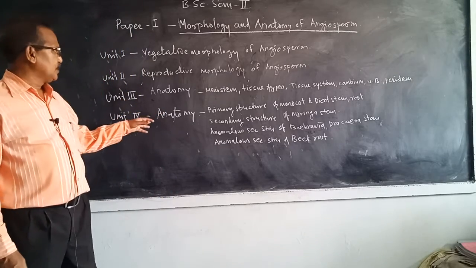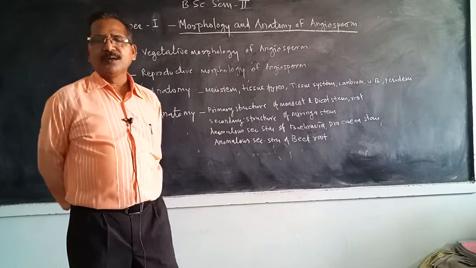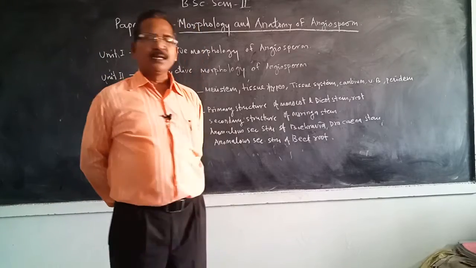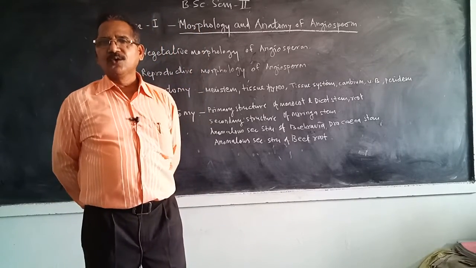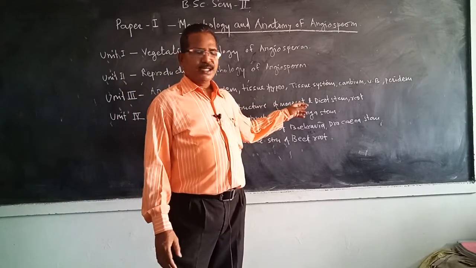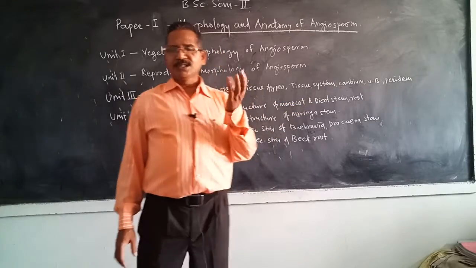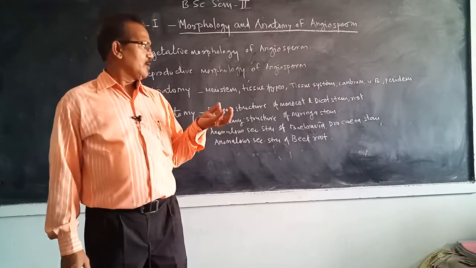While in the fourth unit, you have to study the primary structure of monocot and dicot stem as well as root. In monocot, maize stem and maize root. In dicot, sunflower stem and sunflower root.